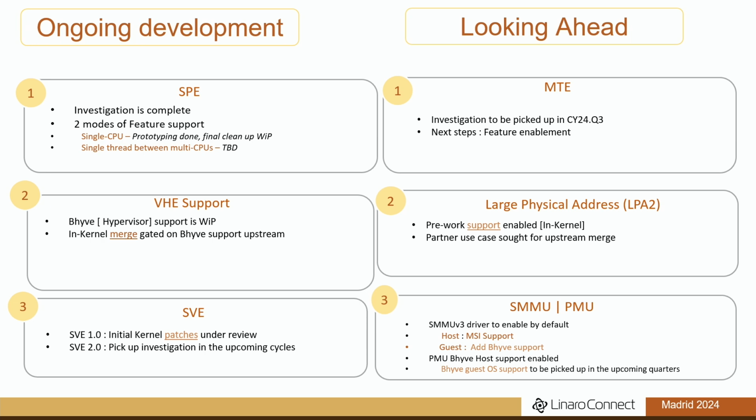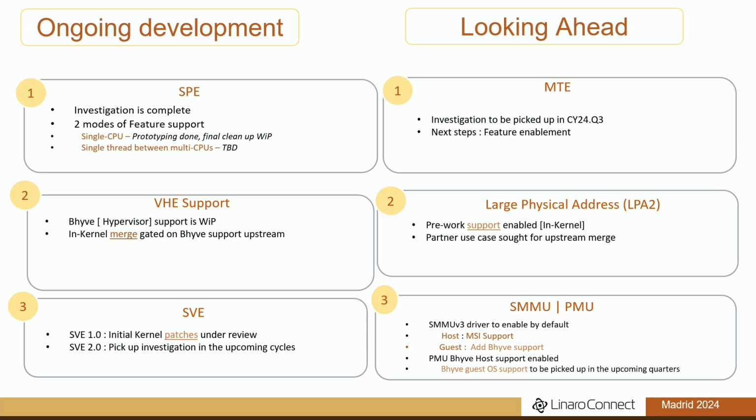On VAT support, we have the hypervisor support, which is work in progress, only after which we would be able to merge the in-kernel support, though the development for that has been done already. Then on the SVE side, we have for 1.0 initial kernel patches under review, after which we would be picking up 2.0. In terms of the next steps on the roadmap in the futuristic window, we have security extensions like memory tagging, which would be picked up.